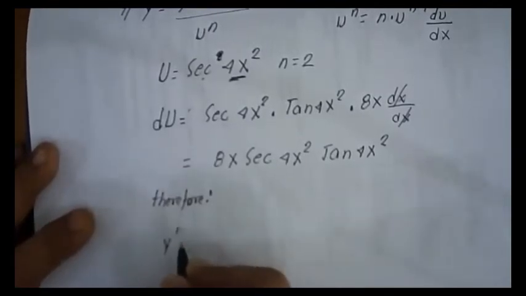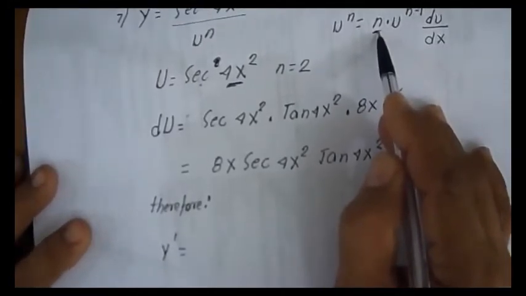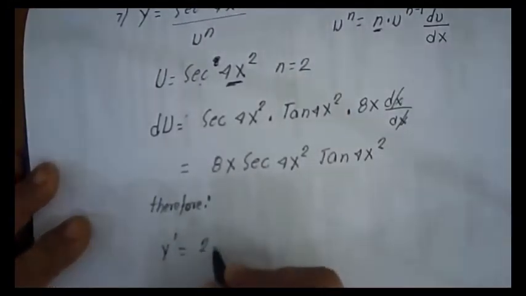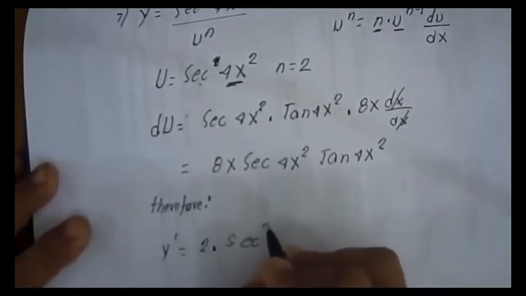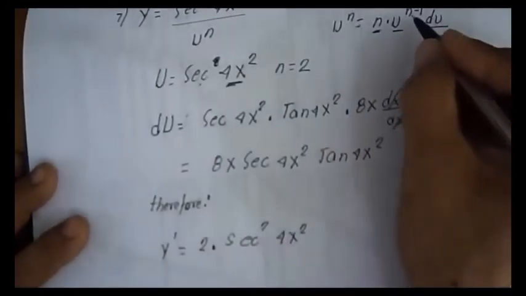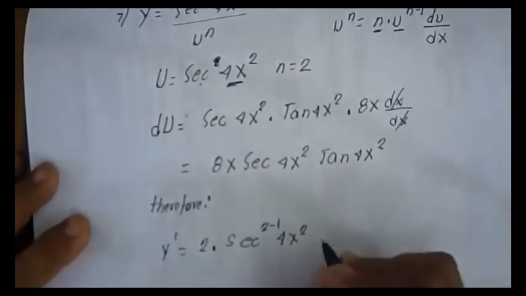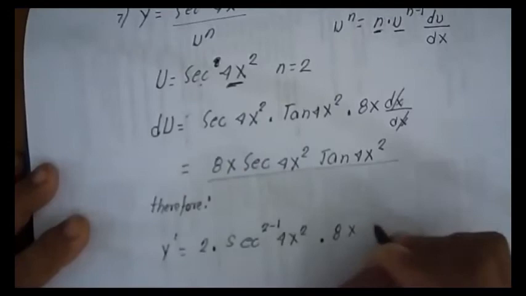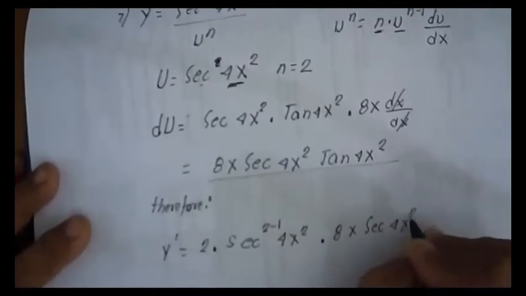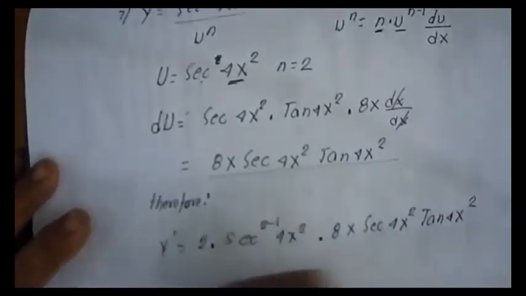Okay, y prime, so, ito na yung magiging formula natin. What is our n? We have 2. What is our u? U natin is secant 4x squared, and then n minus 1, 2 minus 1. Du natin, ito yung du natin. We have 8x secant 4x squared tangent 4x squared.